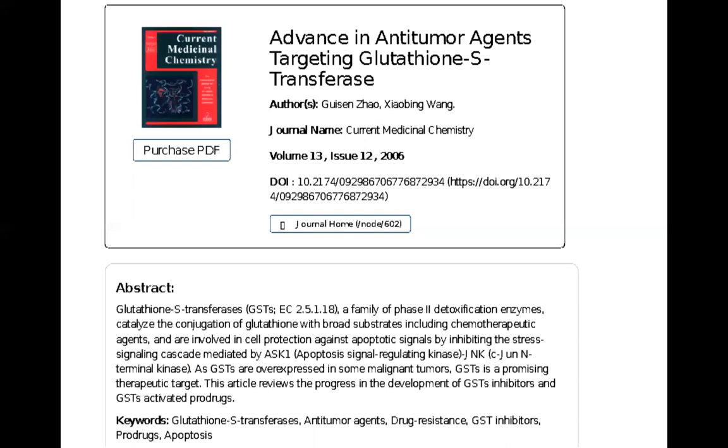So the GST enzyme can be targeted as a xenobiotic target.